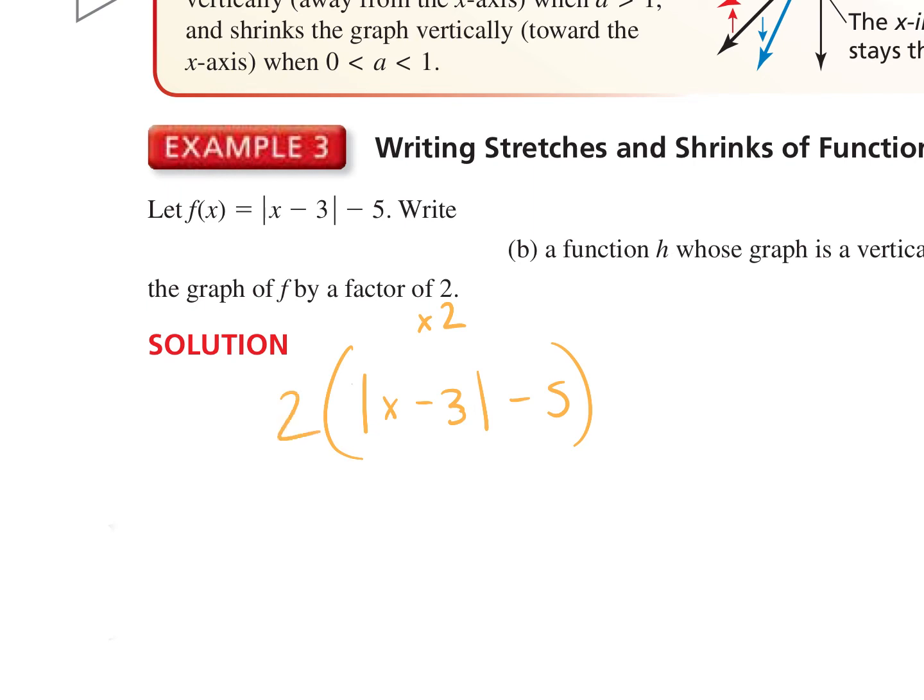So what would I have to do to multiply this by 2? Distribute. It gets distributed to the absolute value part and the 5, but it just stays out front of the absolute value. We can't distribute it inside the absolute value bars. So it'd be 2 times the absolute value of x minus 3 minus 10. And that would be my h of x.